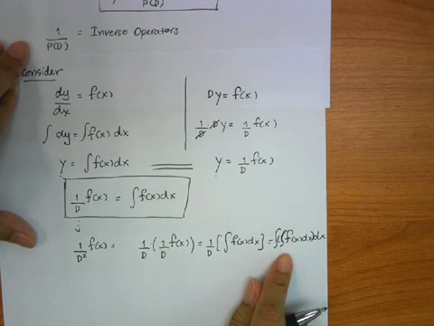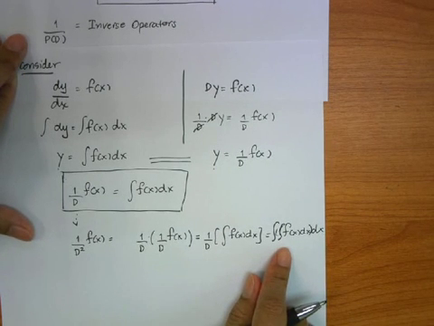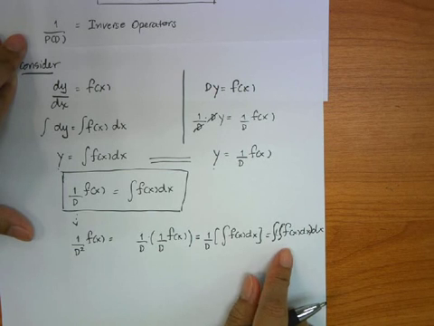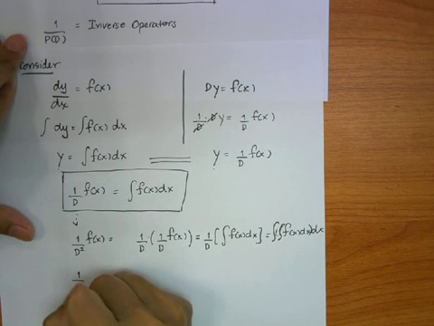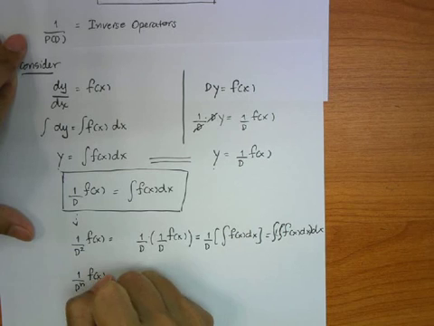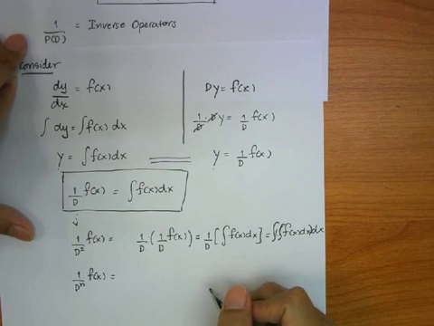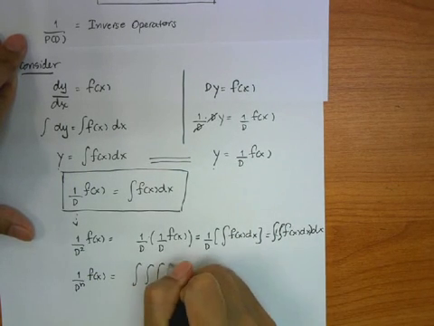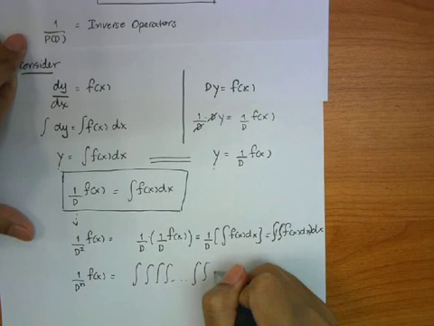It's called successive integral. So if you have 1 over D to the power n f(x), you get the integral n times.